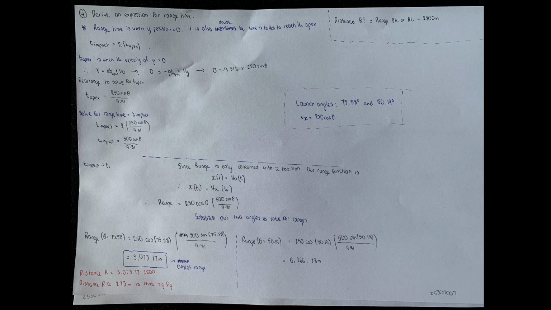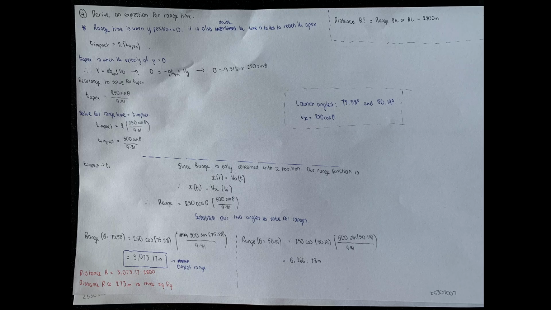Rearrange to solve for t apex, and you're given t apex is 250 sine theta divided by 9.81. And now we solve for range time, which is time impact, given by twice the time apex. We multiply by 2, and we get t impact is equal to 2 times 250 sine theta divided by 9.81, or t impact is equal to 500 sine theta over 9.81.